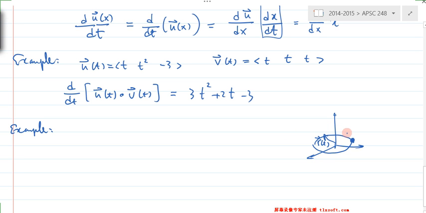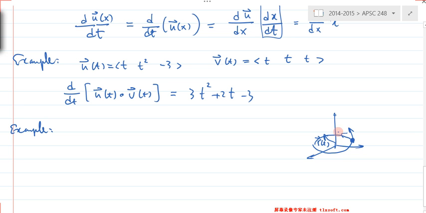Rotation motion. As you learned in your first year dynamics, the velocity of this motion is actually tangent to the circle, right? So here's a simple proof of why the velocity is tangent to the trajectory or the circle.